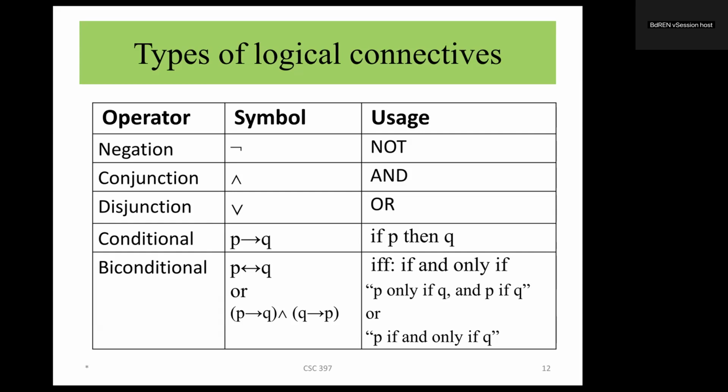So let's say a polygon is a triangle if and only if it has exactly three sides. So the logic is that if it has three sides, then it's a triangle.